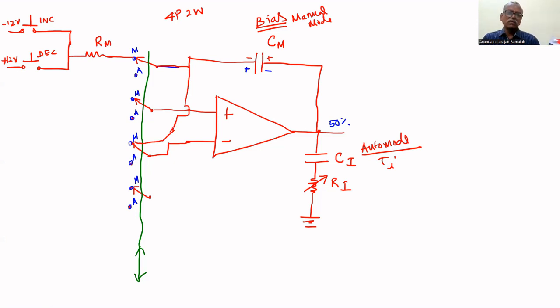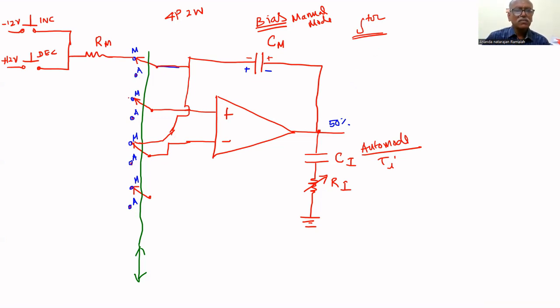Now it is in inverting terminal. This is the input resistance, feedback capacitor. That's why it acts as the integrator. Integrator, that is to adjust the bias. We can adjust. So it is in manual.